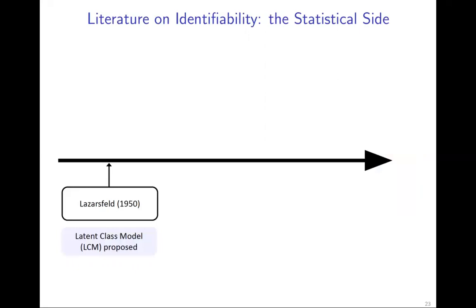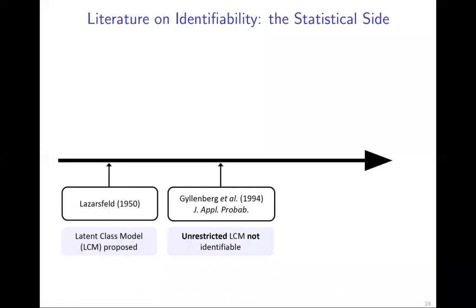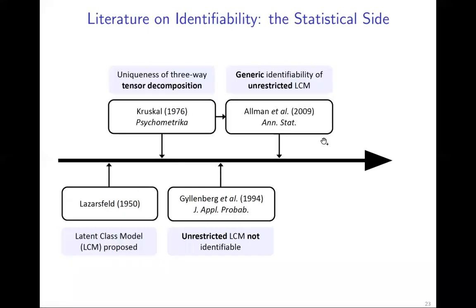Now I want to briefly talk about statisticians' progress on identifiability in discrete latent variable models. Indeed, since the latent class model was first proposed in Lazarsfeld 1950, it was not until 1994 that Goodman et al. brought some not so good news, saying that the unrestricted LCM is not identifiable. But fortunately, in 2009, Allman et al., in a seminal paper, established a slightly weaker notion, the generic identifiability of the unrestricted LCM.